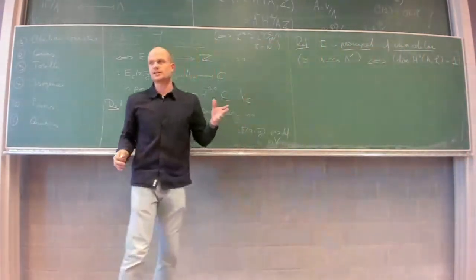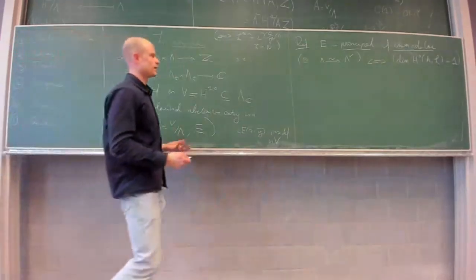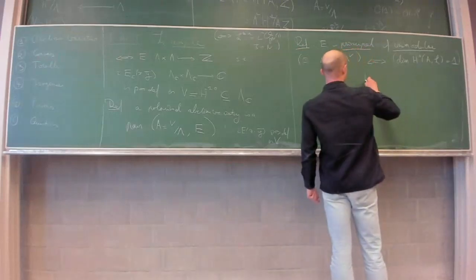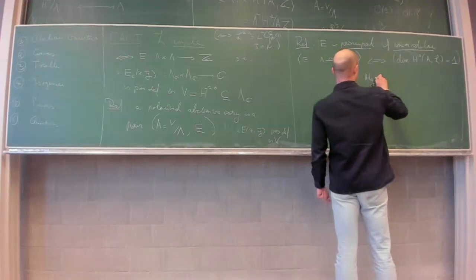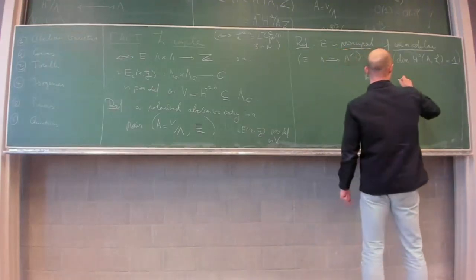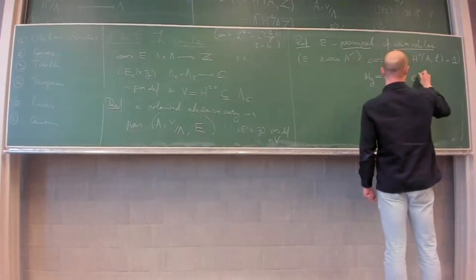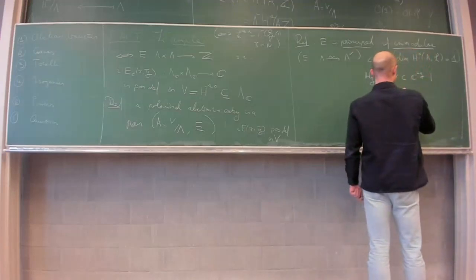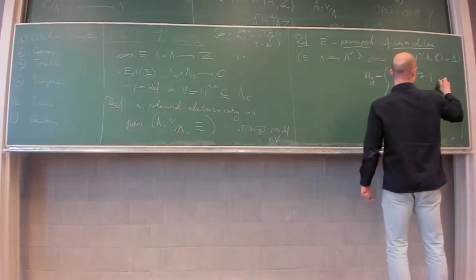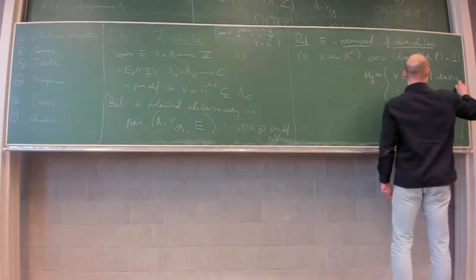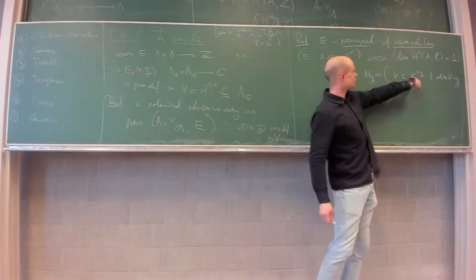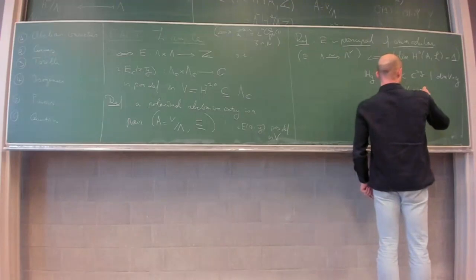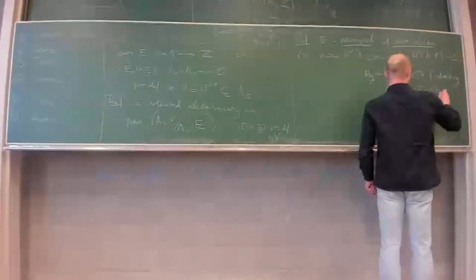But now we have enough information to make a space of all the abelian varieties, which has a particularly nice structure. So what are we going to do? We're going to define H_g as the space of V in C^2g, so we're going to look at g-dimensional subspaces of C to the power 2g, so that V plus its complex conjugate is exactly equal to C to the power 2g.